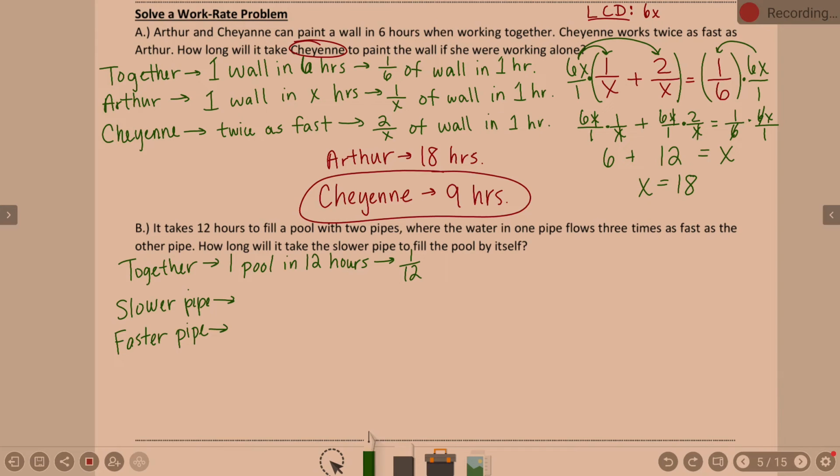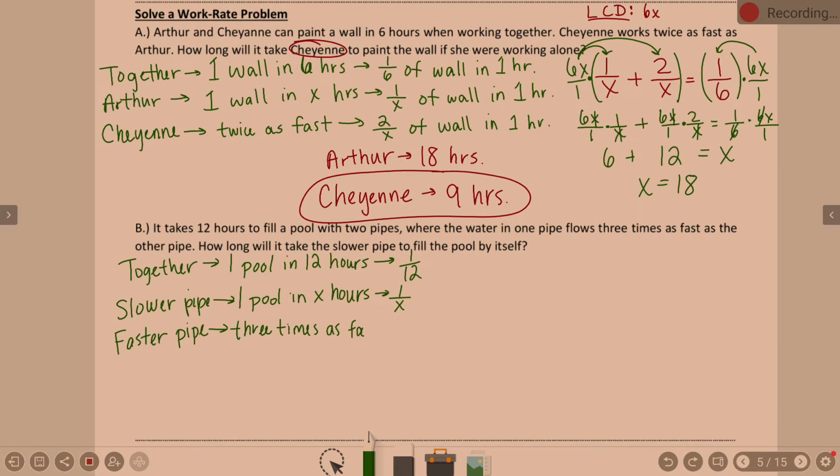Okay. What do you know about the slower pipe? Other than it's slow, we don't really have any information, so what are we going to set up? It can fill one pool in X hours, and so its rate is 1/X. What about the faster pipe? We just know it's 3 times as fast.